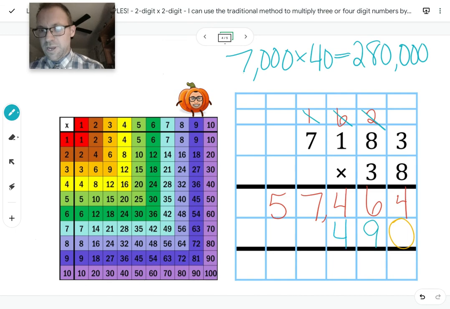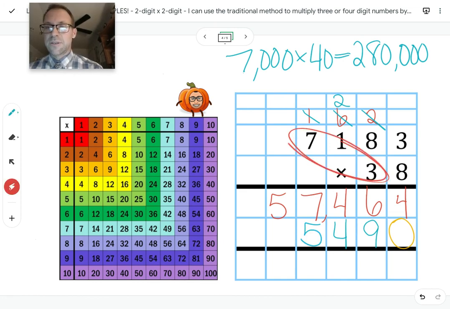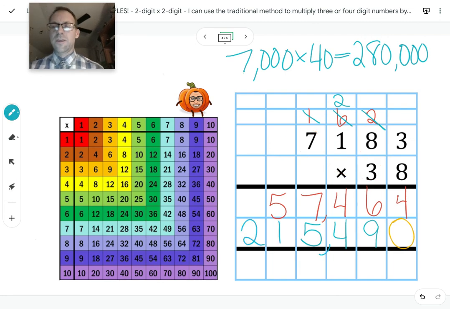So I'll put the 4 here and put the 2 above the next number I'm going to multiply, which is the 1. So I have 3 times 1 now, plus the 2. That's 3, 4, 5. That's 5. And then finally, I have 3 times 7, and that is 21. So did you come up with a second answer line of 215,490? I hope so.